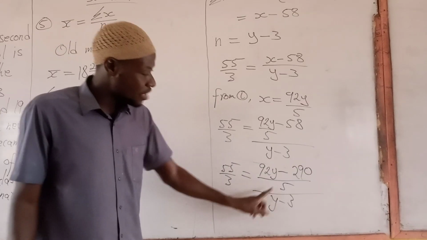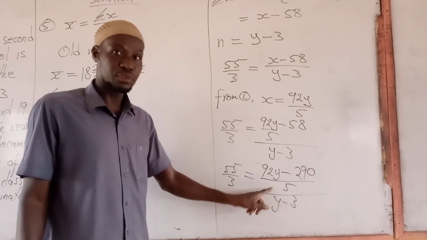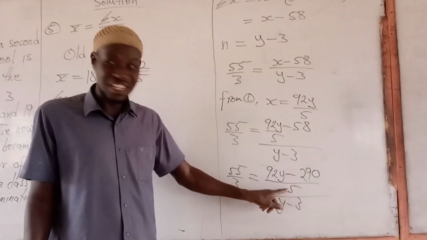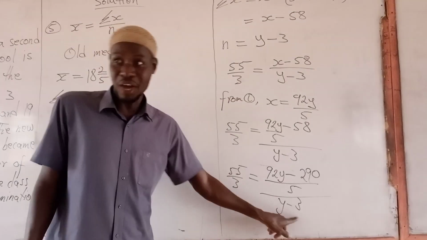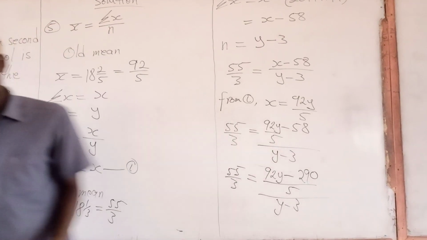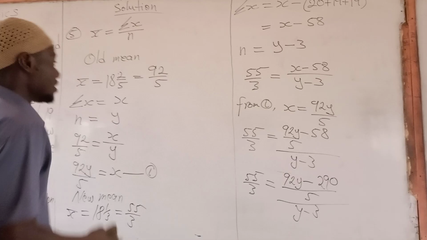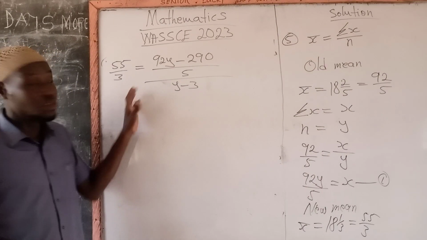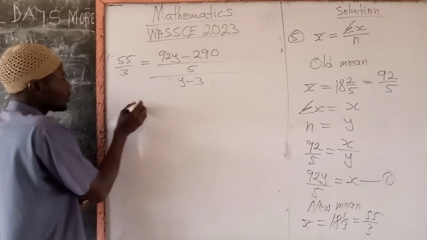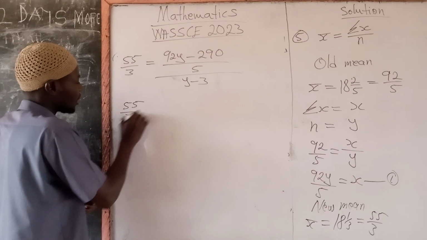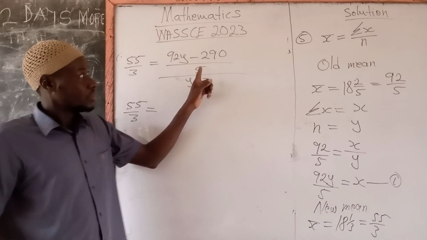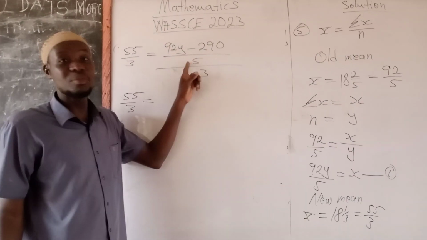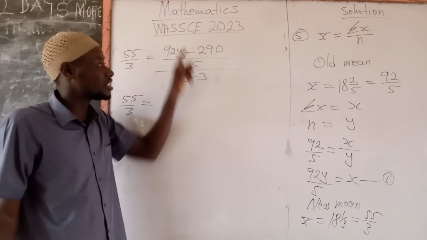Now, from here, you continue simplifying, because this one is not simplified completely. If you have a fraction divided by a particular denominator, just pick the denominator of the fraction at the numerator and multiply by the denominator.